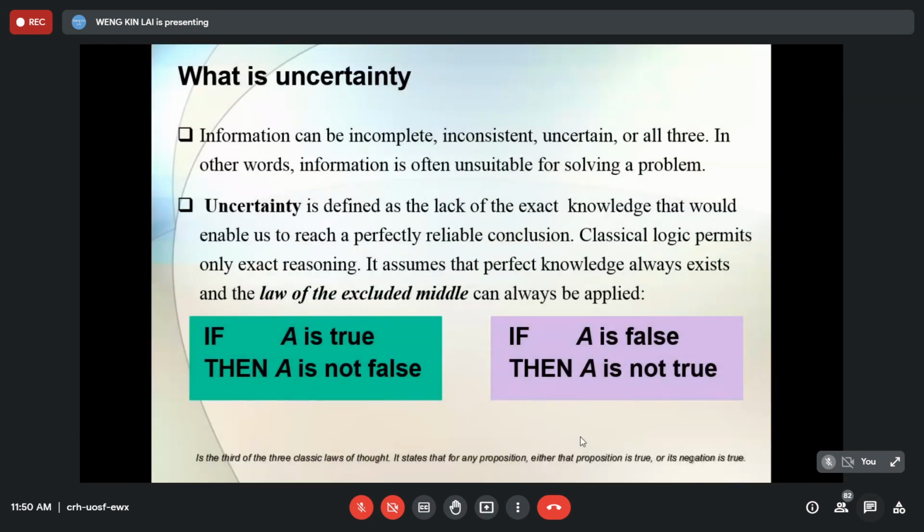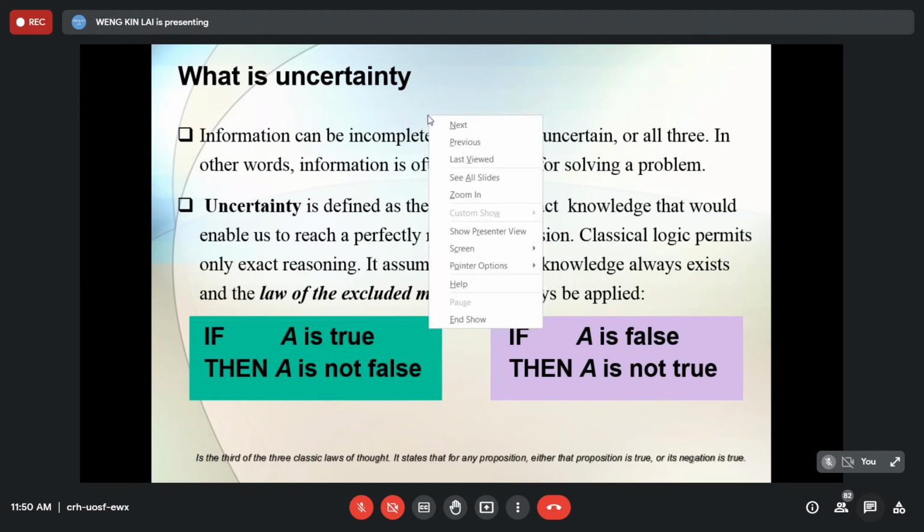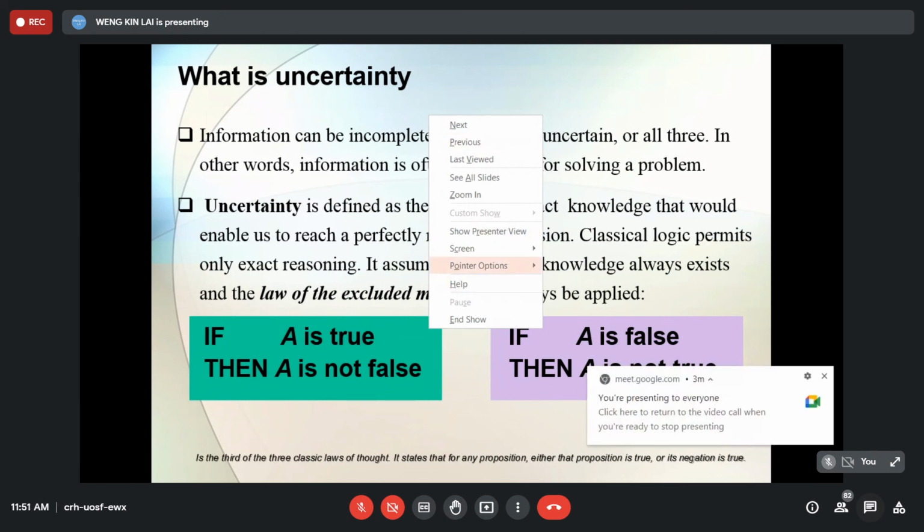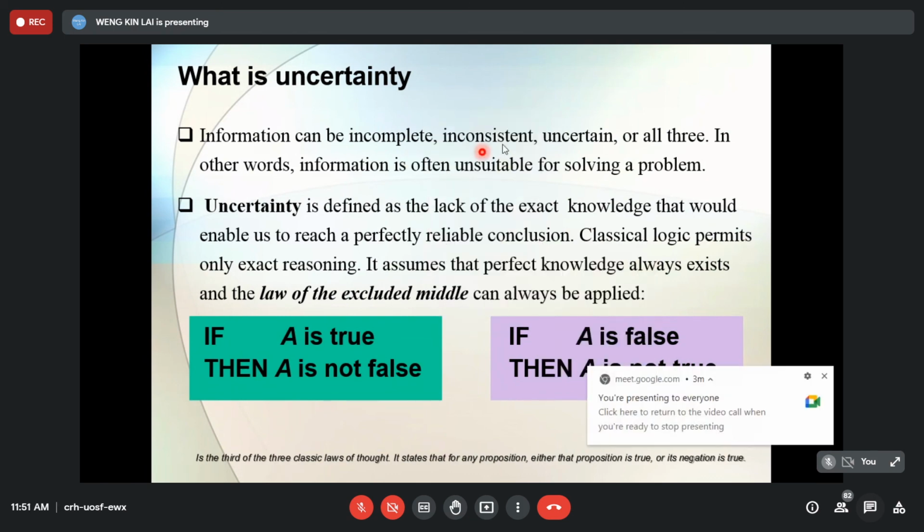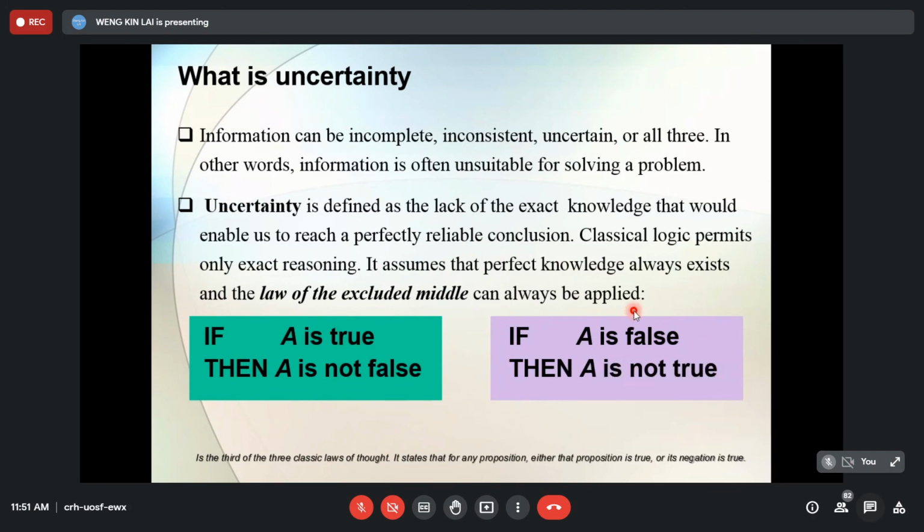So let's look at what you mean by uncertainty. What is uncertainty? Right? So again, we go back to the basics. Uncertainty is based on information, because information can be incomplete, inconsistent, right? Sometimes they say this, sometimes they say that.